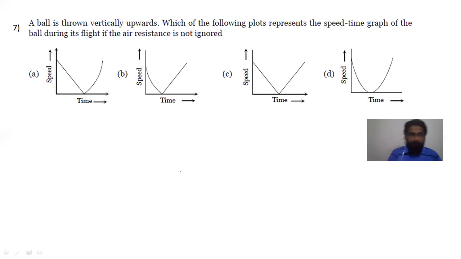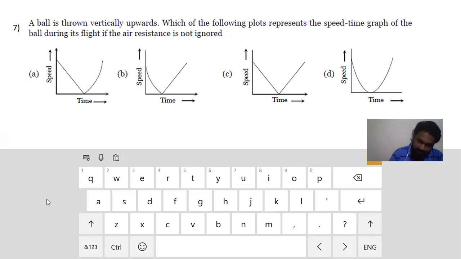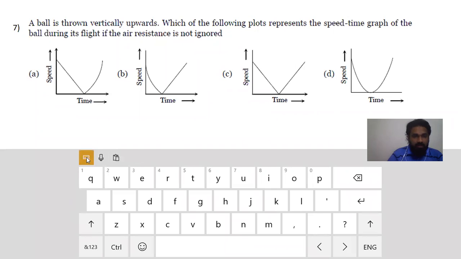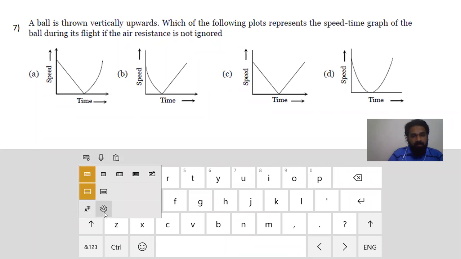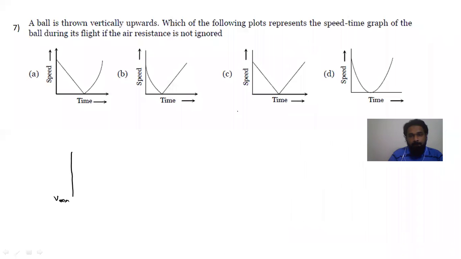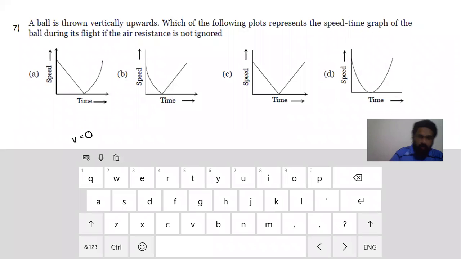Any answer? So when it is thrown upwards, what will happen to speed? Speed will reduce or not? We will be throwing upwards with the maximum velocity, and at the maximum height, velocity is equal to 0.